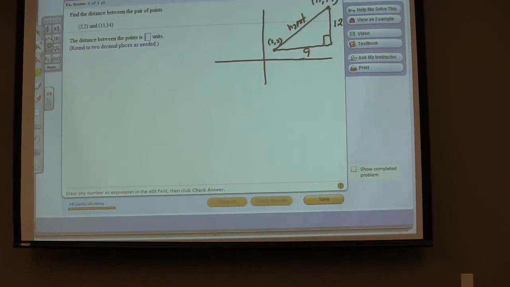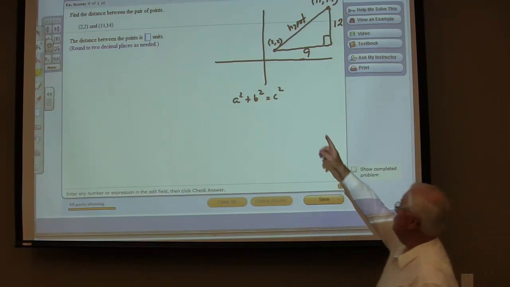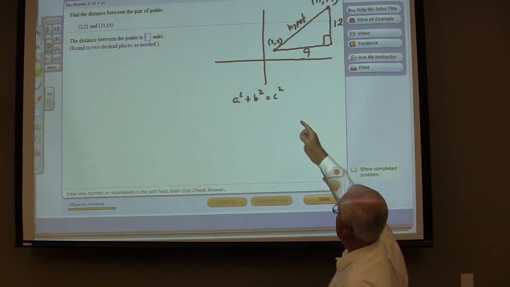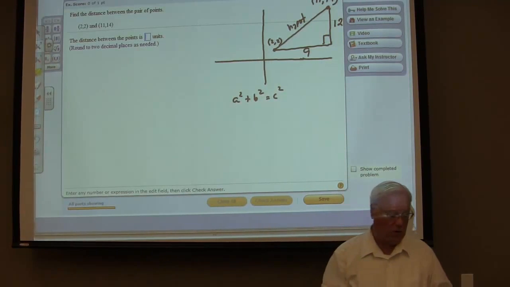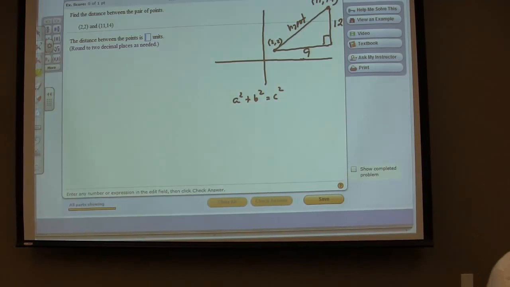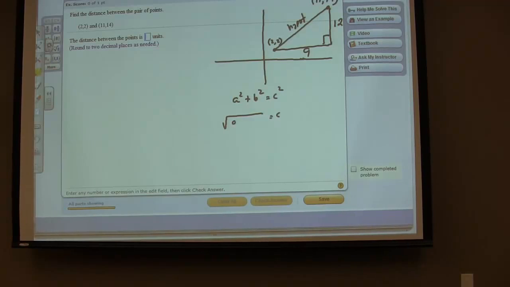And we've learned before that there's an equation called the Pythagorean equation: a squared plus b squared equals c squared, where a and b are those two legs, or the two sides of the triangle, and c is that hypotenuse up there. Or I would say then that c is the square root of a squared plus b squared.